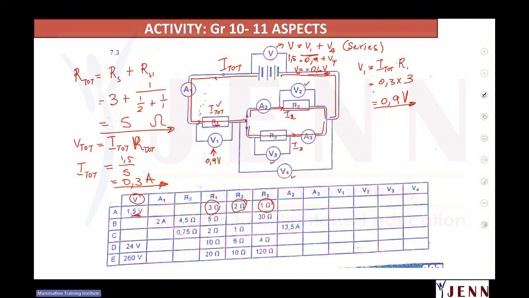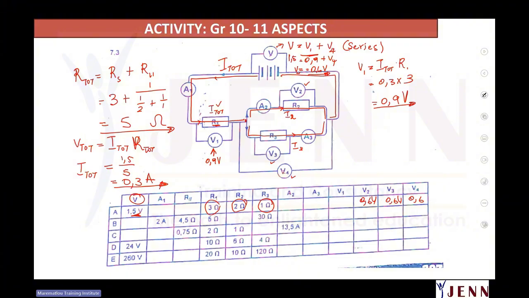Okay, and in that instance, we have already answered most, because if I know that V4 is 0.6, then V3 is connected in parallel, that will also be 0.6. V2 is connected in parallel, that will also be 0.6. And half of the job is done.